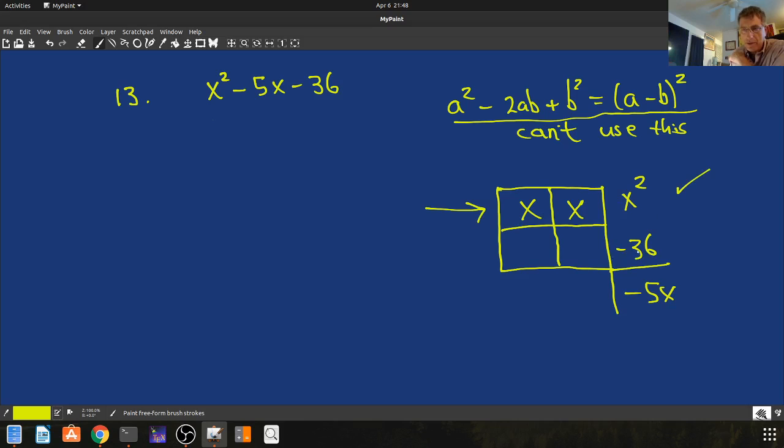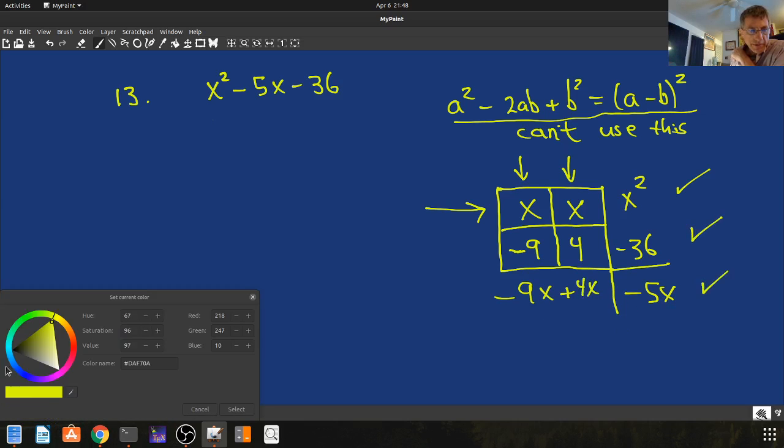This is minus 36, so exactly one of the factors has to be negative. So I'm going to do, maybe, minus 9 and 4. Minus 9 times 4 gives me minus 36. Now let's do this way. Minus 9 times x is minus 9x. X times 4 is plus 4x. And that is equal to minus 5x. So I have my factorization.